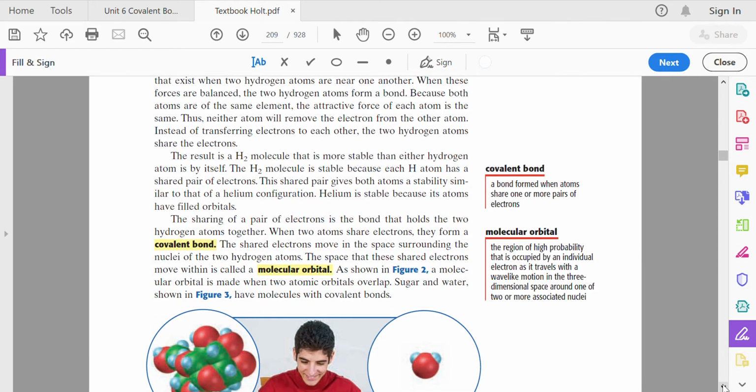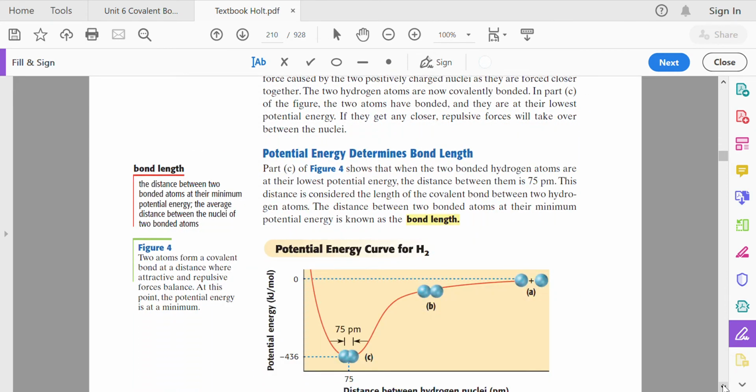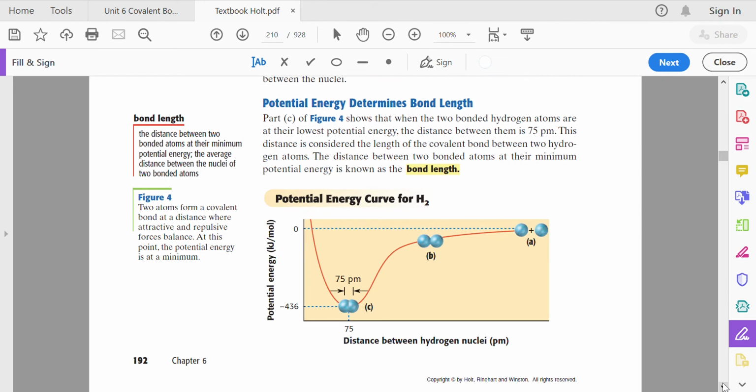And if we go down here, we can see an energy diagram of what's going on. So think of this as a hill or a roller coaster. At the top of the roller coaster hill, you have the two atoms and they're separated. They don't know each other there. But as they come closer, as they go down the hill, they start having this electron-proton attraction. And then as they go further down into the energy well, they come to this optimal distance.